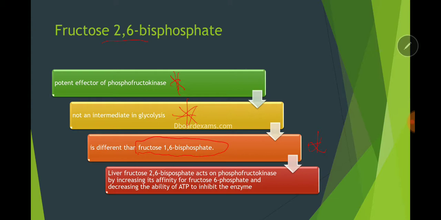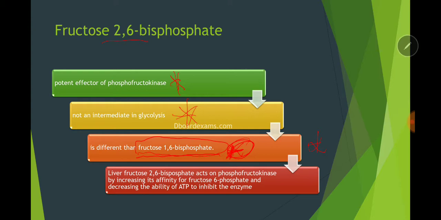Remember, fructose 1,6 bisphosphate is produced through the action of phosphofructokinase. So phosphofructokinase adds a phosphate to fructose 6 phosphate, therefore producing fructose 1,6 bisphosphate. All right, so this fructose 1,6 bisphosphate is produced by the action of phosphofructokinase.